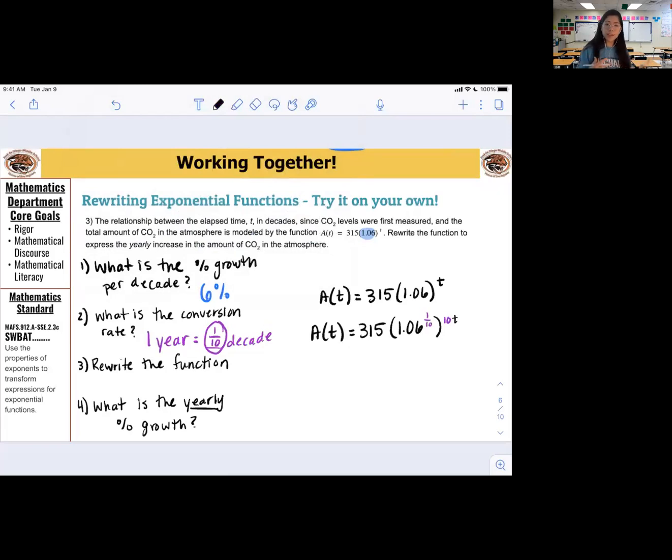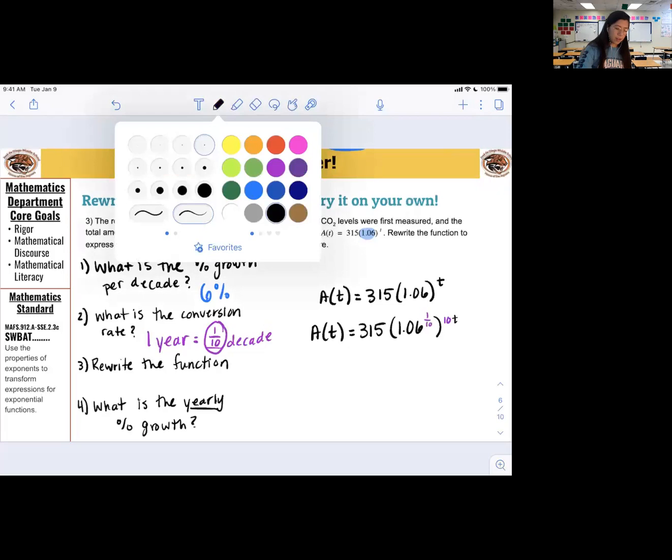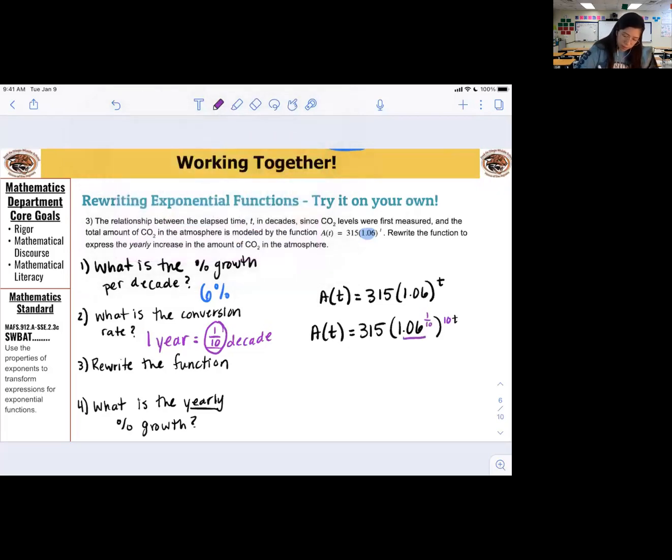Now, the last step is to plug it all into your calculator and see what you get on the inside of your parentheses. This is where we have to make sure in the calculator that you use the parenthesis button, because if you don't use those parentheses, you'll get a completely different thing.